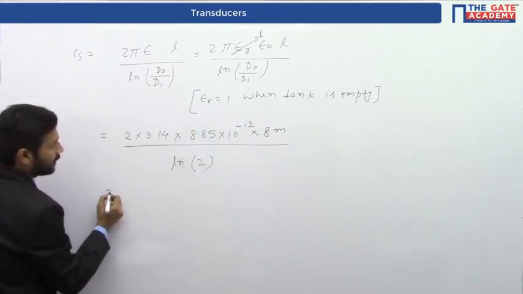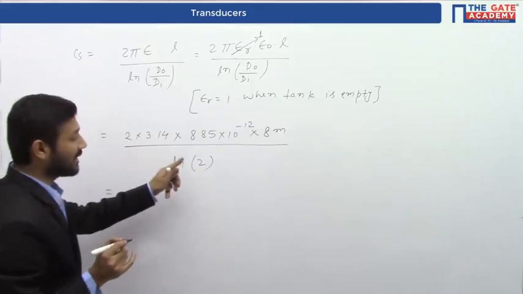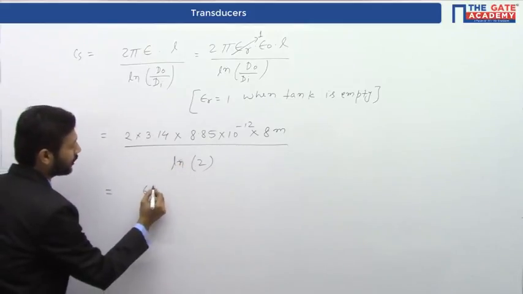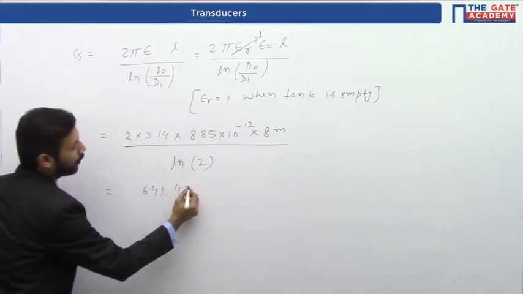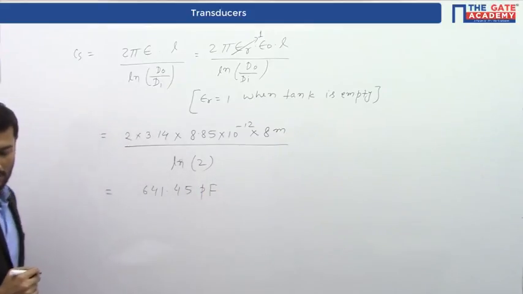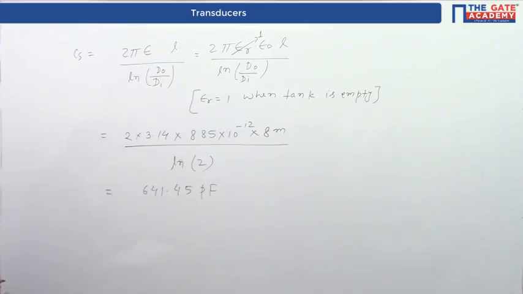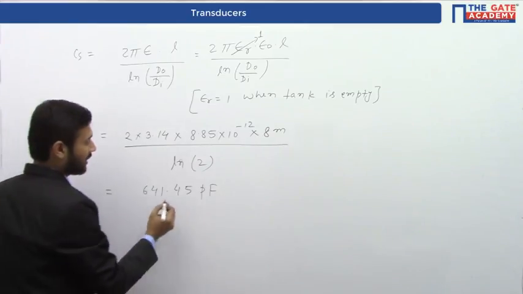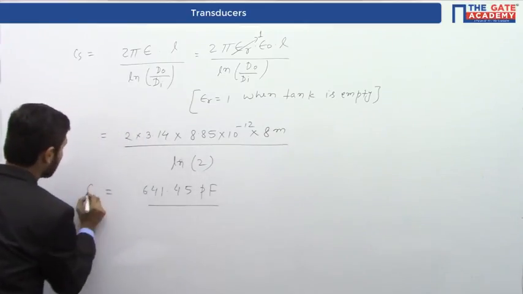If we find this value, we will get 641.45 picofarad. This is the capacitance value Cs.